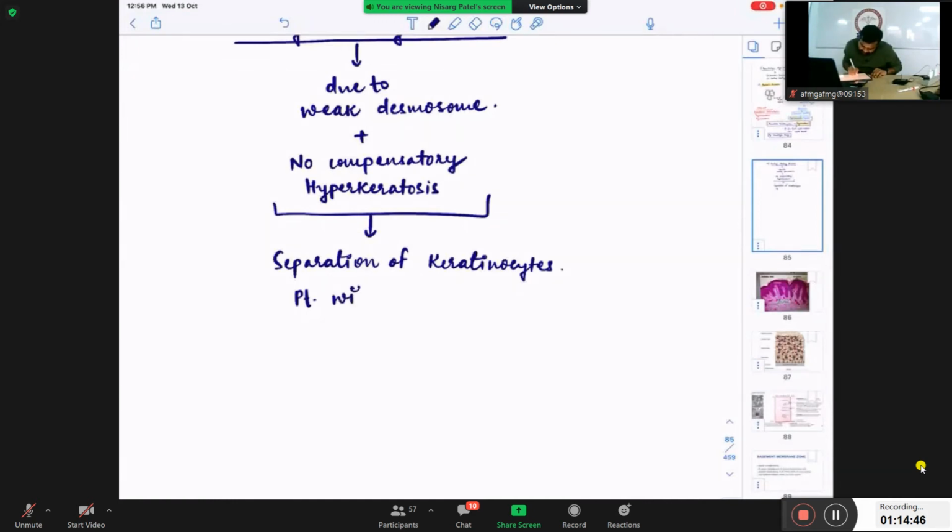Patient will present with blister or plaque with exudation.